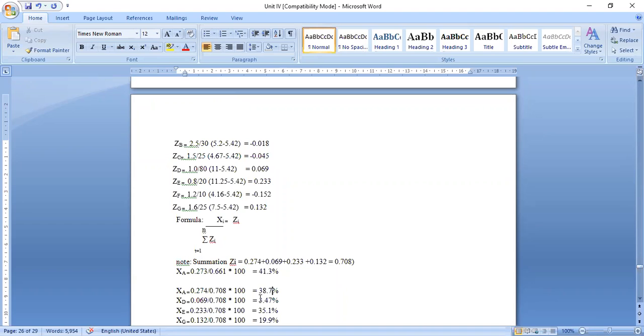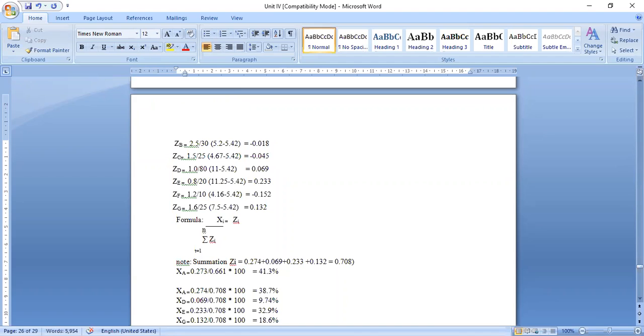Next 0.069 divided by 0.708 into 100, 9.74. 0.233 divided by 0.708 into 100, 32.9. And 0.132 divided by 0.708 into 100, 18.6.